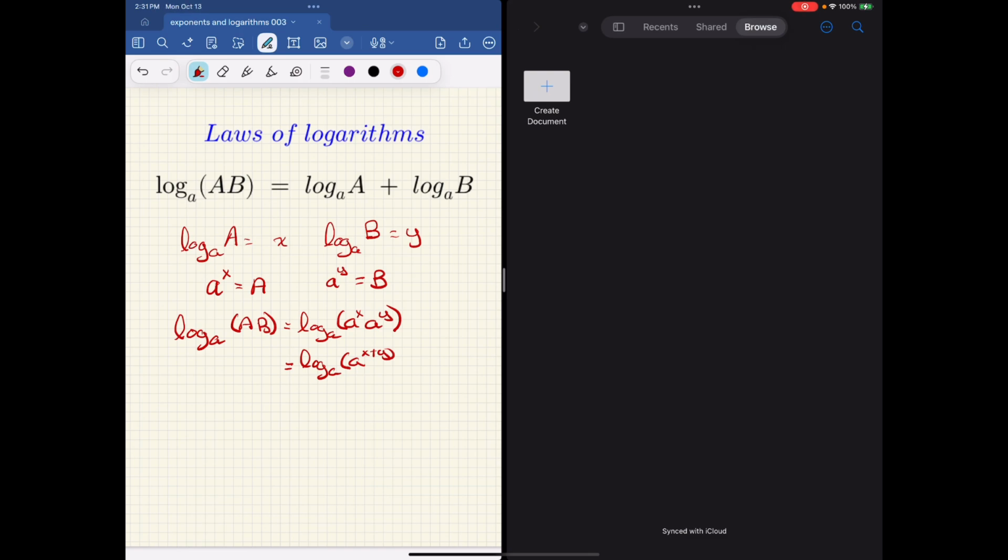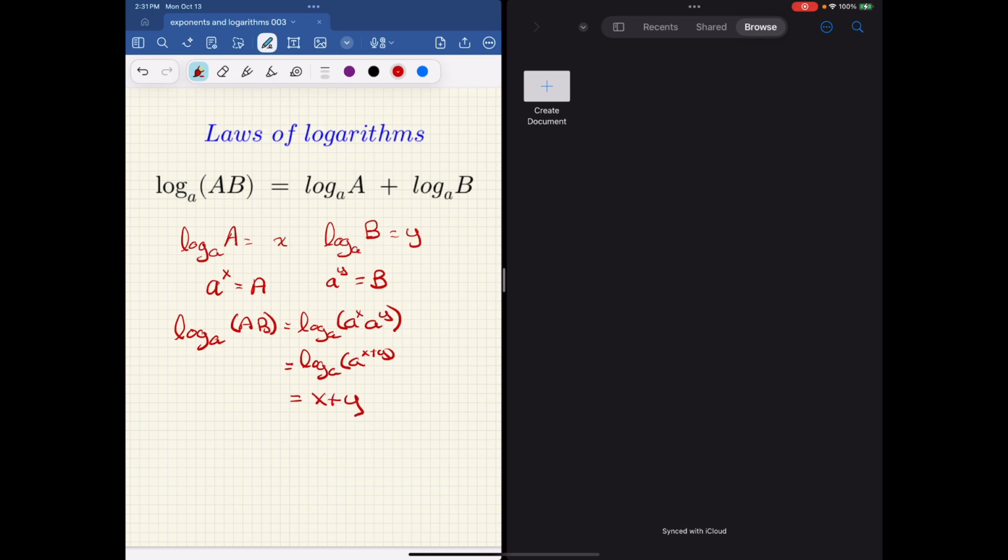Now we have to think about what the statement log base a of a to the x plus y means. It's saying, what is the number to which you have to raise a to get a to the x plus y? And that simply is x plus y.